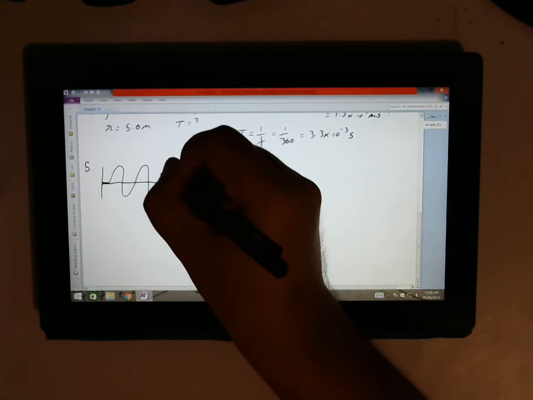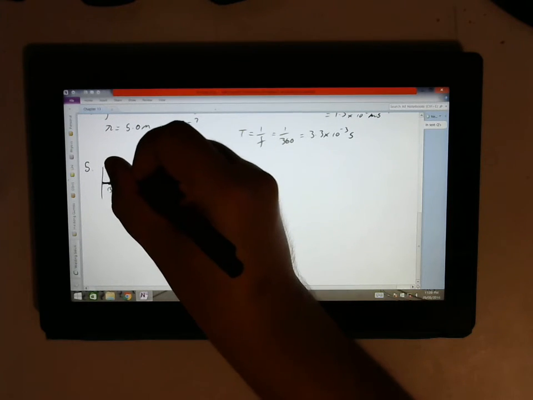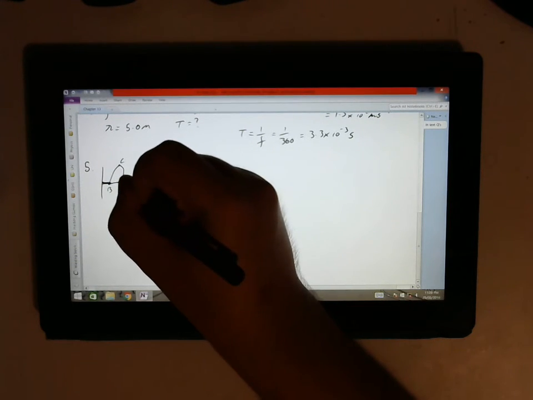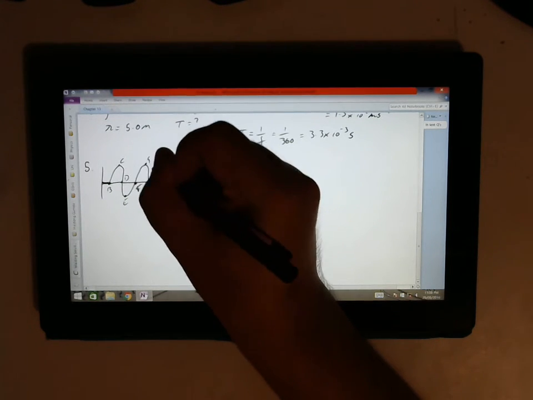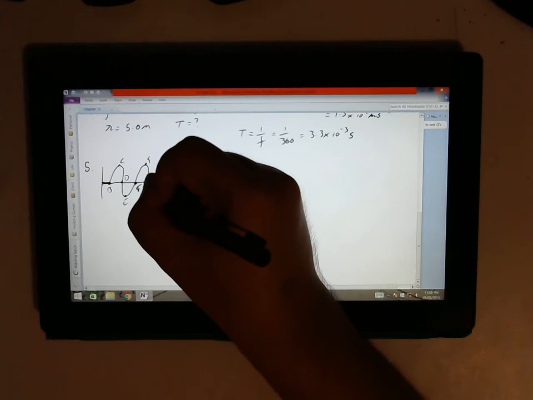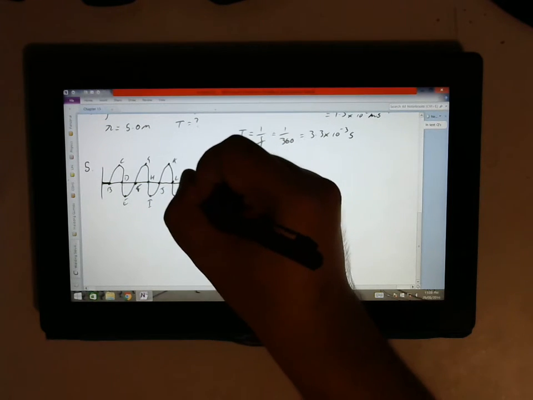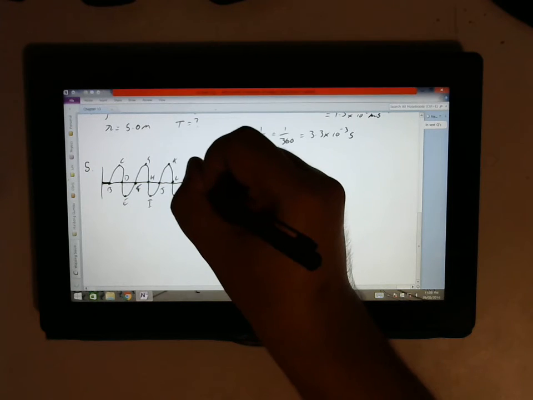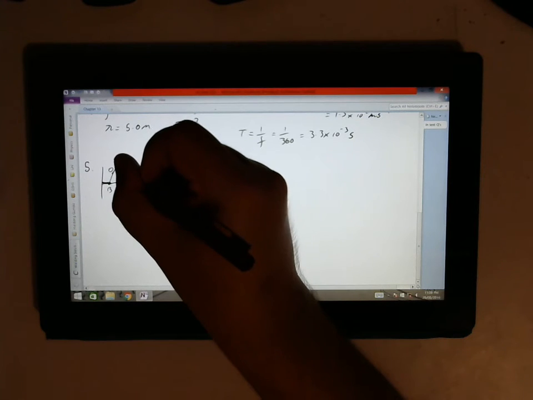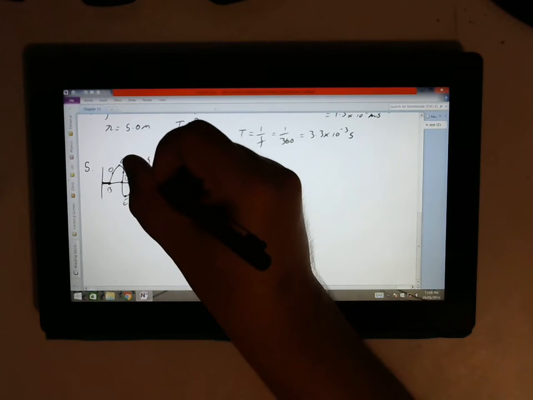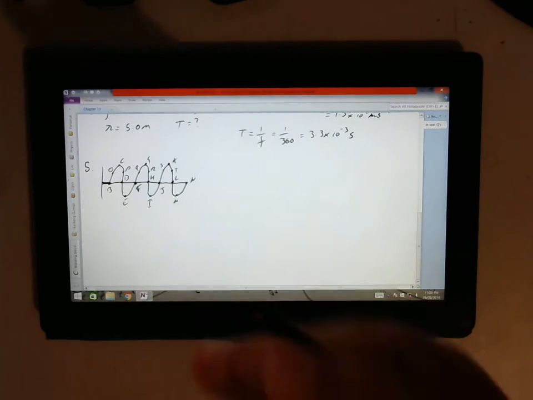Let's label our points B, C, D. Oops, F comes after E, G, H, I, J, K, L, M, N. And we've got a row of points at half amplitude, O, P, Q, R, S, T.